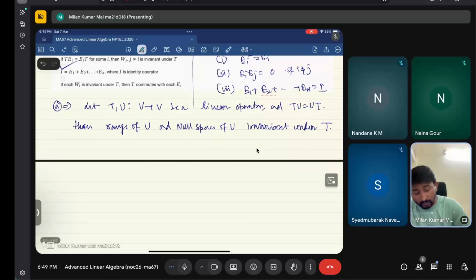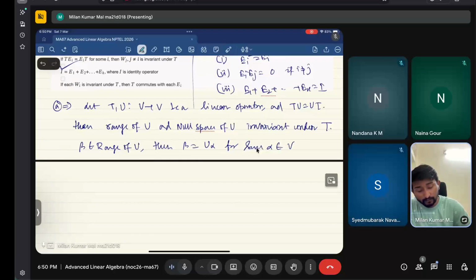So why is it? Suppose beta is in the range of U. Then beta is equal to U alpha for some alpha in the vector space V, right? So then T of beta is equal to TU alpha.